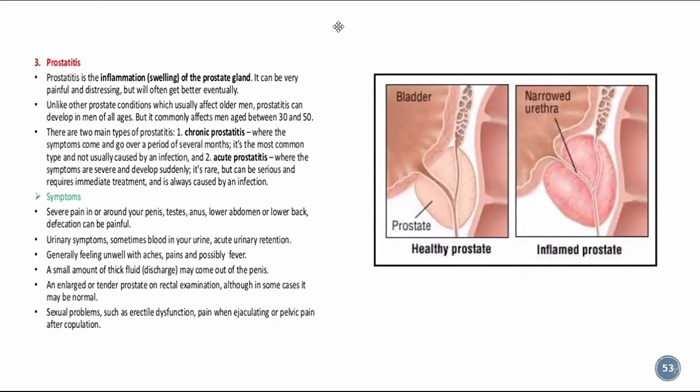Sometimes you will see discharge coming out of your penis. There is an enlarged or tender prostate on rectal examination, and erectile dysfunction sometimes occurs. Again, with an inflamed prostate, the prostatic urethra is compressed, producing your urinary symptoms, aside from the pain.